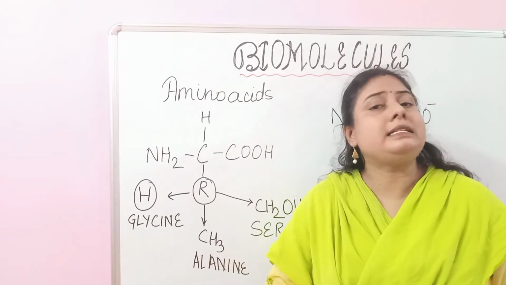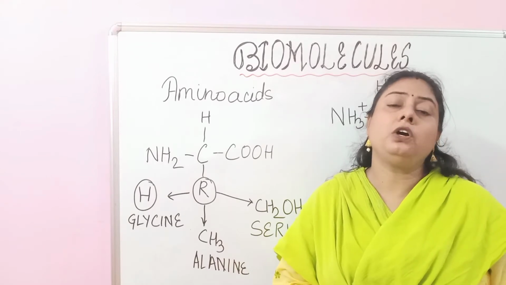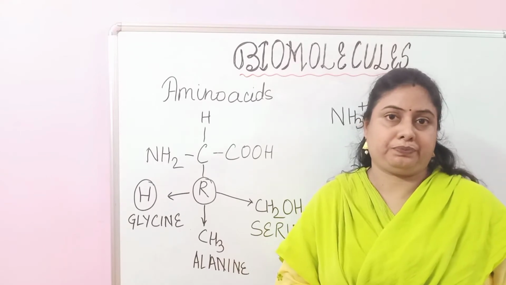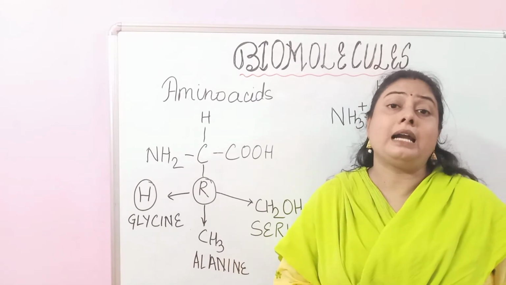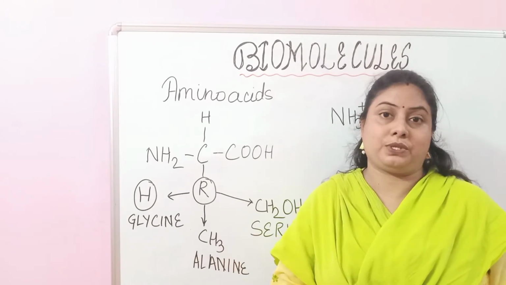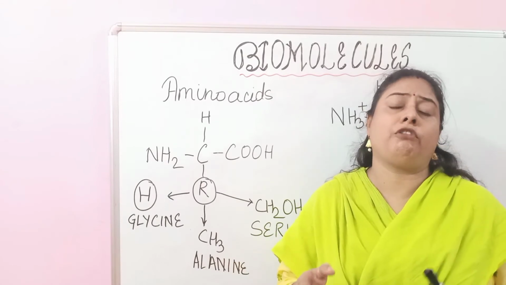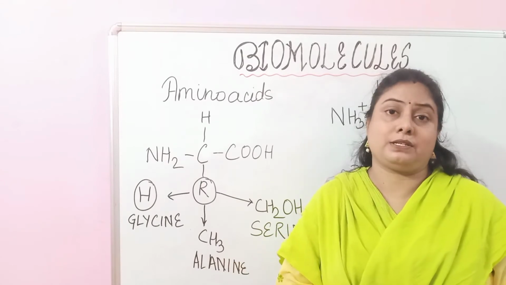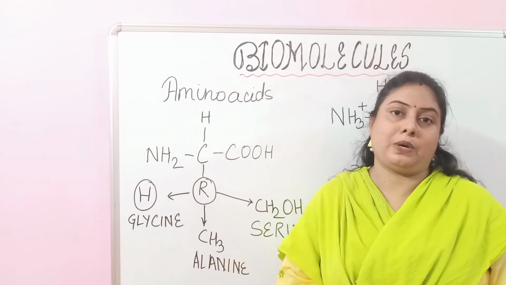There are 20 types of amino acid found in the living organisms. Some of these amino acids are synthesized within the living organisms from amination, deamination of other amino acids, and these are known as non-essential amino acids.